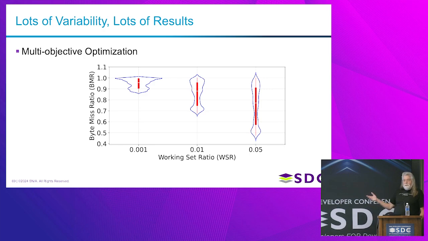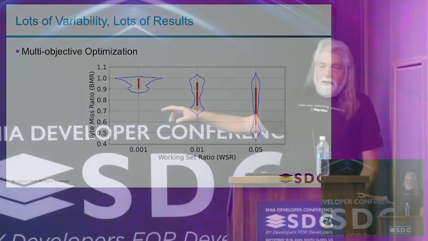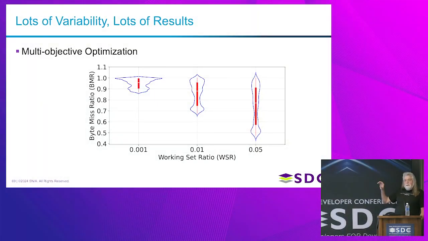The important thing here is that as we increase the size of the cache, if we make the cache be like 5% of the working set size, we end up with far fewer misses than if we have it be just 1/10 of 1% of the working set size. But the important thing here is that the rough shape of these graphs is about the same, which tells us that the algorithms don't dramatically change based on the size of the cache. They're pretty much operating the same type of thing.